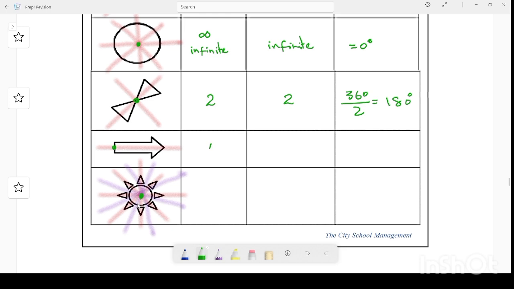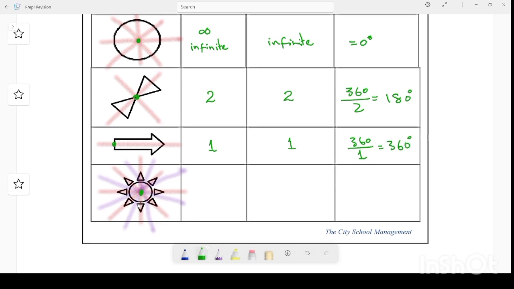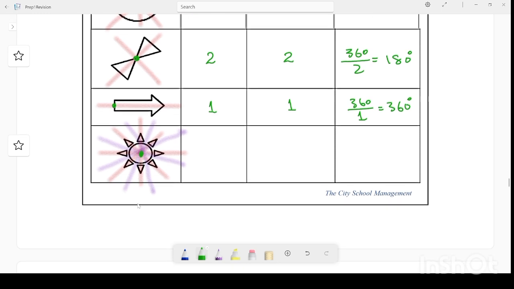This has one line of symmetry, so the order of rotation symmetry is also 1, and the same happens here: 360 divided by 1 gives the angle of rotation symmetry as 360 degrees. In this shape, we see that it has 8 lines of symmetry, and similarly the order of rotation symmetry is also 8.